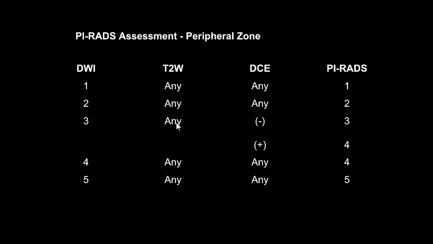The T2 weighted peripheral zone appearance can be any, but if you are going to read a RADS 4 in this scenario, so let's say you have an ill-defined mass, a DWI criteria of 3, if you get early enhancement on the DCE MRI, it's now a 4.